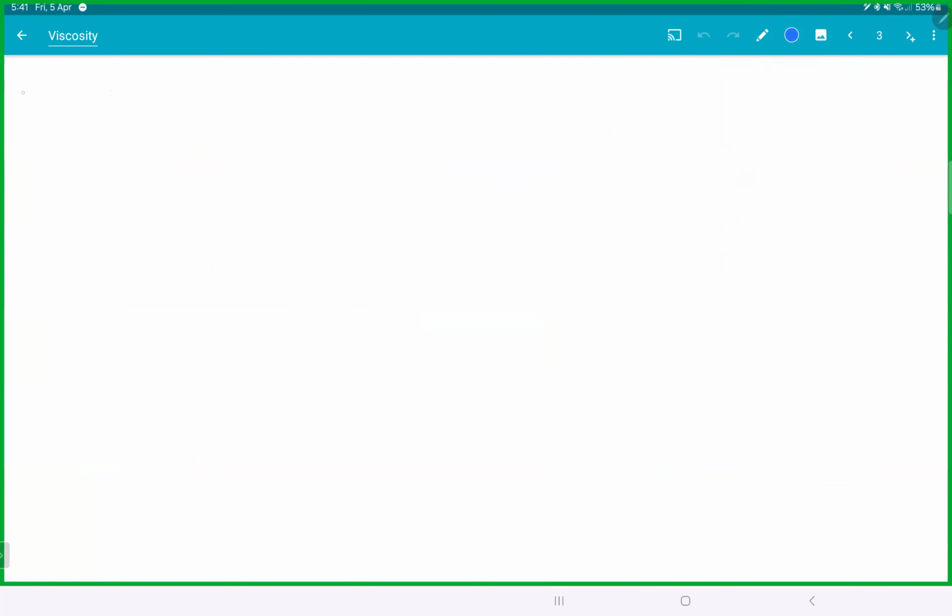So, example. Let's say we have a liquid here. This layer is going with V1. This layer is going with V2. And this is Z1 and this is Z2. So we write delta V by delta Z as V1 minus V2, the relative velocity between those two layers, by the distance between those two layers.